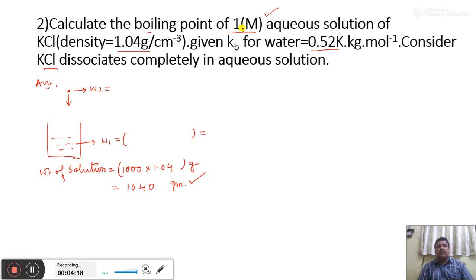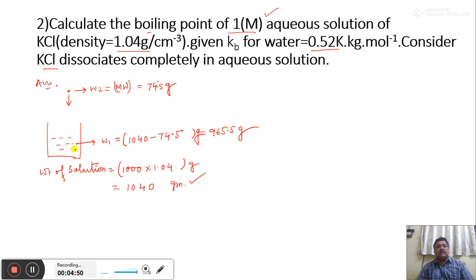Now 1 molar KCl solution means 1 mole KCl is added in this solution. Molecular weight of KCl is 74.5 gram. So weight of water is 1040 minus 74.5 gram, that means 965.5 gram.